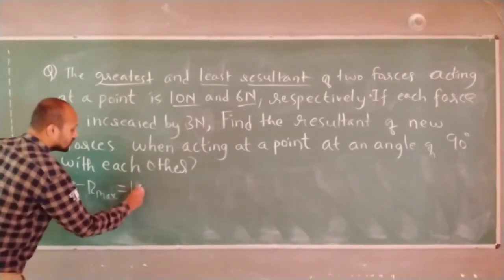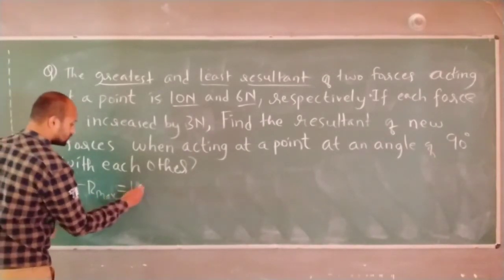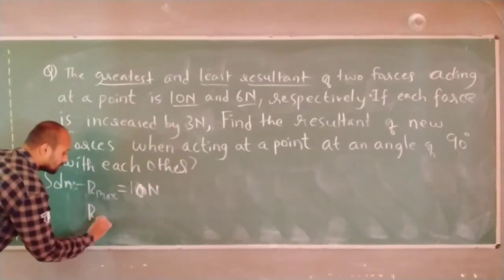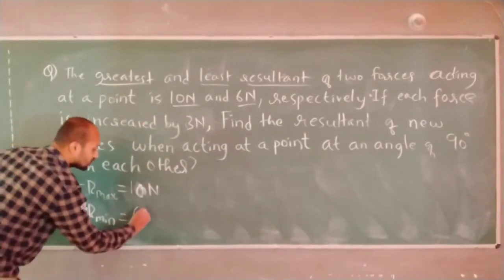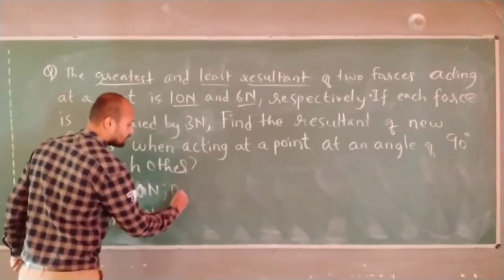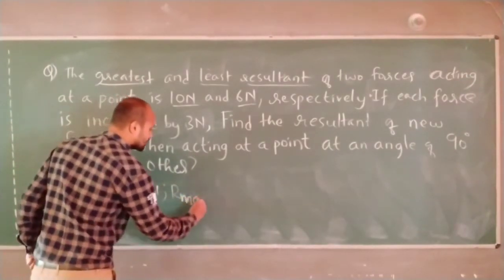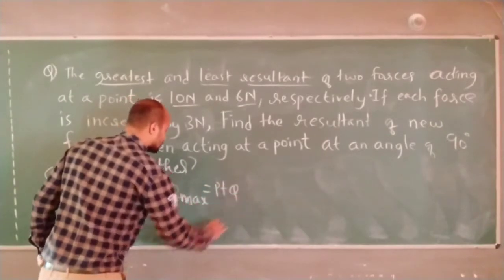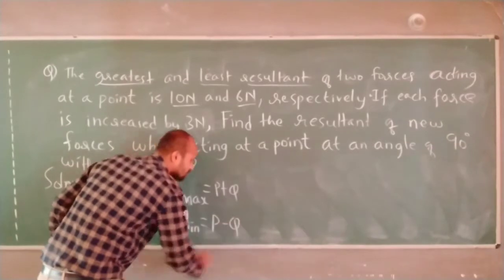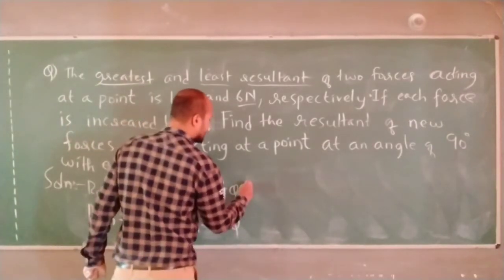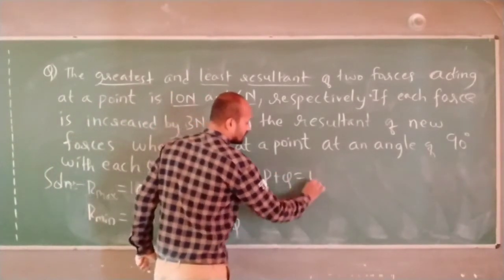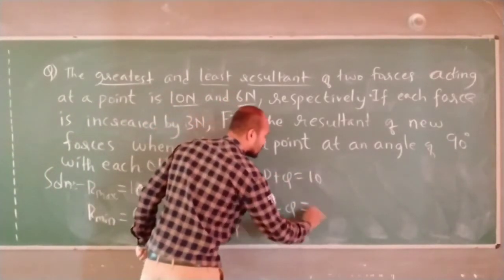R minimum is 6 Newton. What is R max? R max is equal to P plus Q. What is R minimum? R minimum is P minus Q. So, from this data, I can write P plus Q is equal to 10. P minus Q is equal to 6.